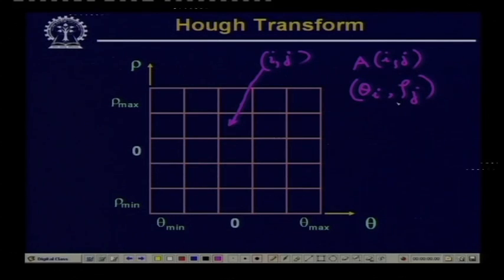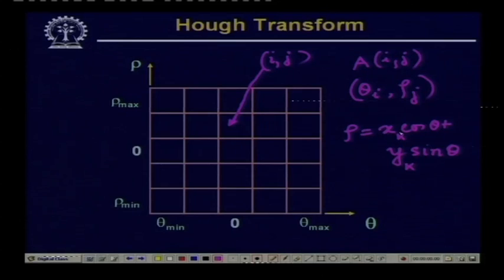So, as we have done in our previous formulation, for a given point, our equation becomes rho is equal to x cosine theta plus y sin theta. For a given point, say xk, yk, in the spatial domain, our equation becomes rho is equal to xk cosine theta plus yk sin theta.